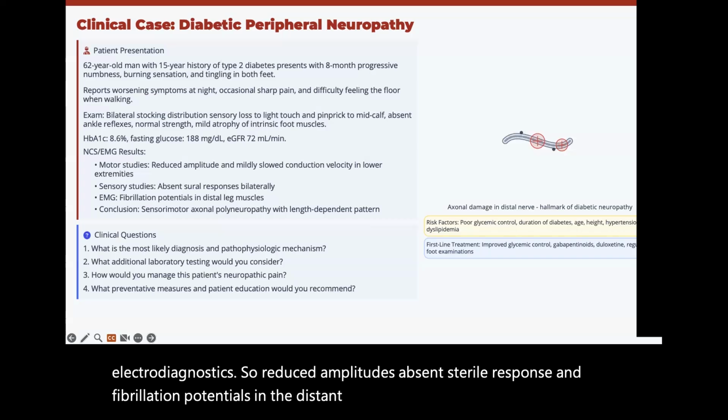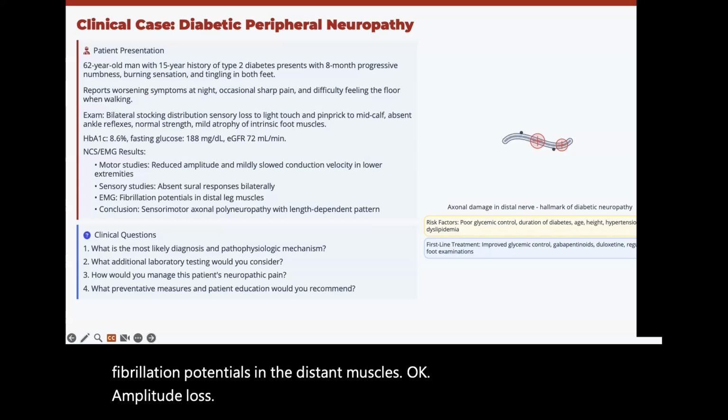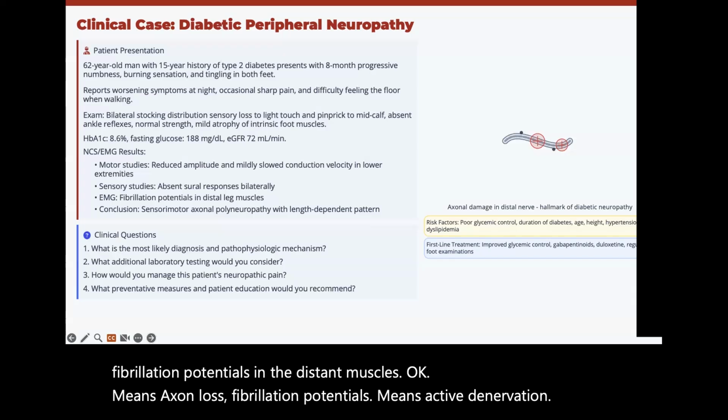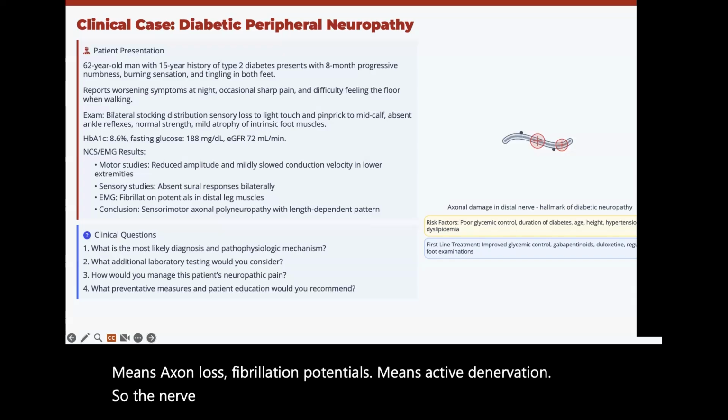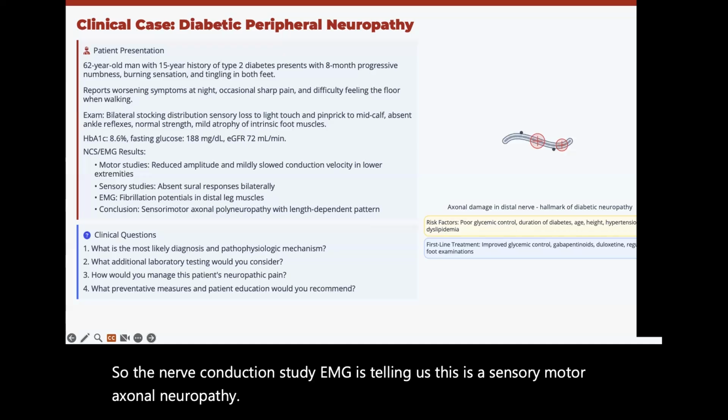Okay, amplitude loss means axon loss. Fibrillation potentials means active denervation. So the nerve conduction study and EMG is telling us this is a sensory motor axonal neuropathy, exactly what diabetes produces.